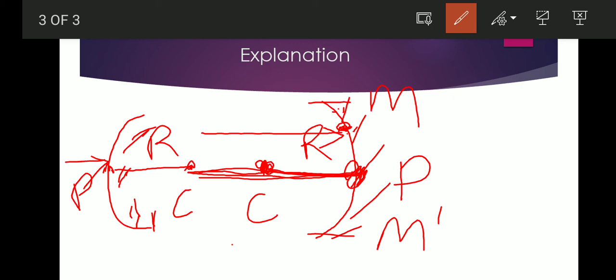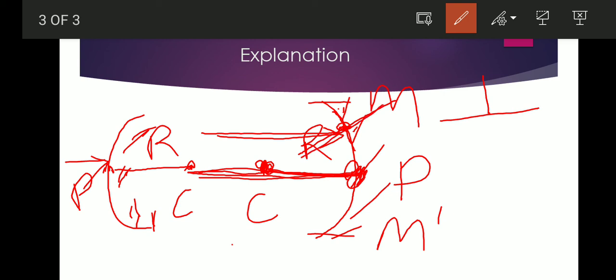This reflecting surface and this normal should be perpendicular. Perpendicular means they should be 90 degrees. Here also your reflecting surface is this, the incident ray is this line, and your normal will be this line.